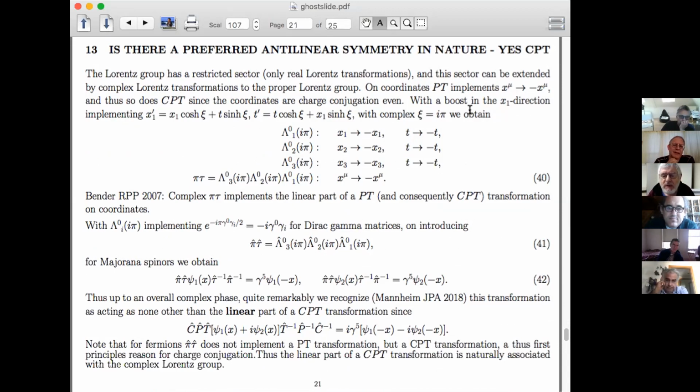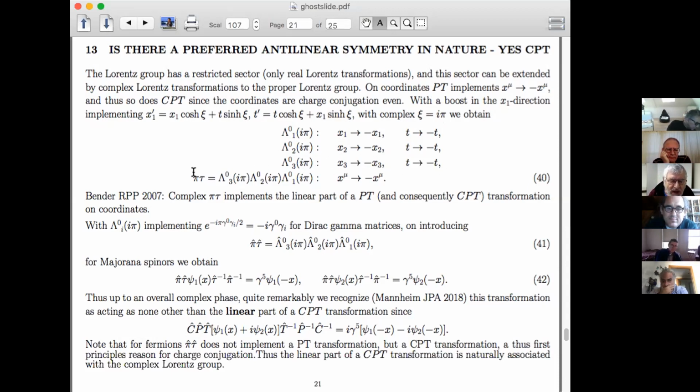Now, let's see, how do we do this? We take a boost in the x1 direction, which implements x1 prime is x1 cosh plus t sinh, t prime and so on. But we take the rapidity to be i pi. So x1 goes to minus x1 and t goes to minus t. Then we do it in the 2 direction, and the minus t goes back to t. And then we do it in the 3 direction, and the t goes back to minus t.